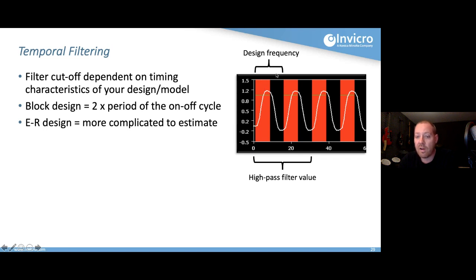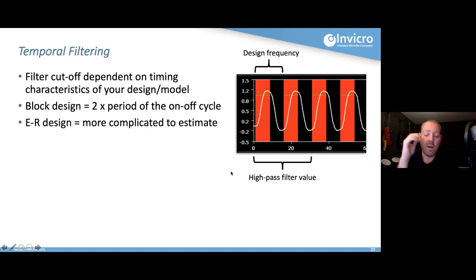So your design frequency is the time between the start of your stimulus and the start of the next stimulus, so after the rest period. So that's the time that your design repeats, if you like. So if this was 20 seconds and this was 20 seconds, your design frequency would be 40 seconds.